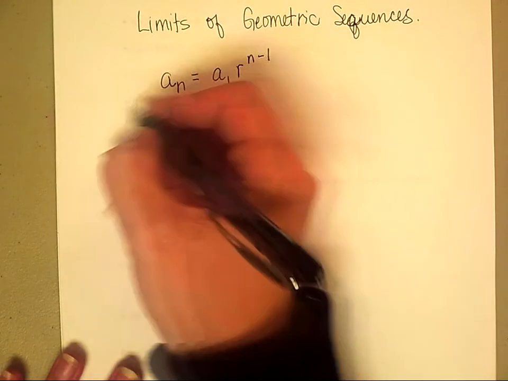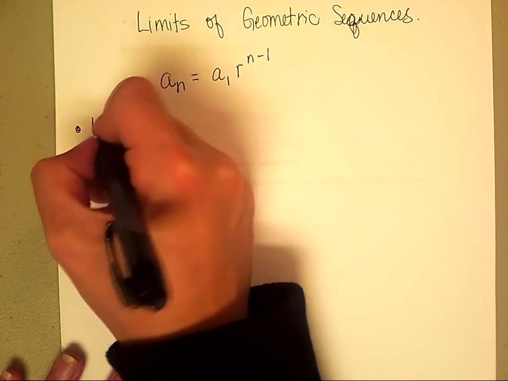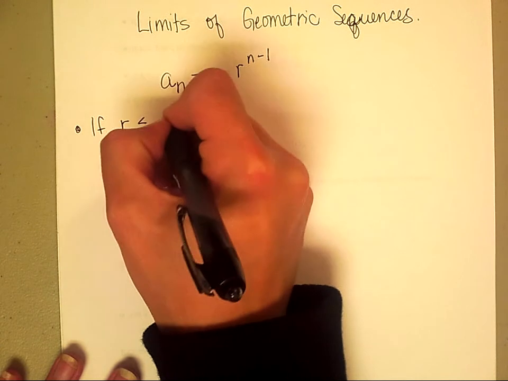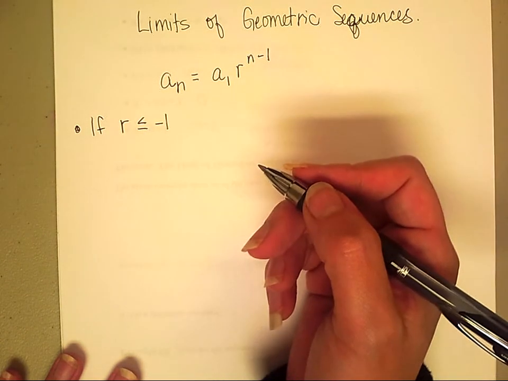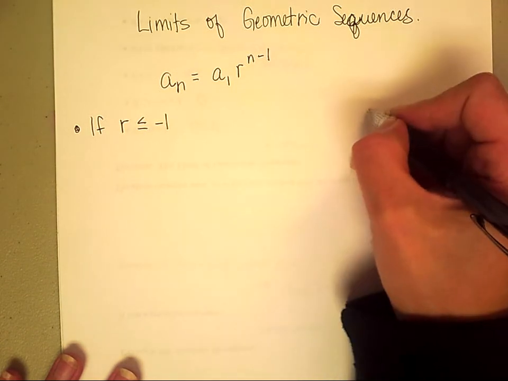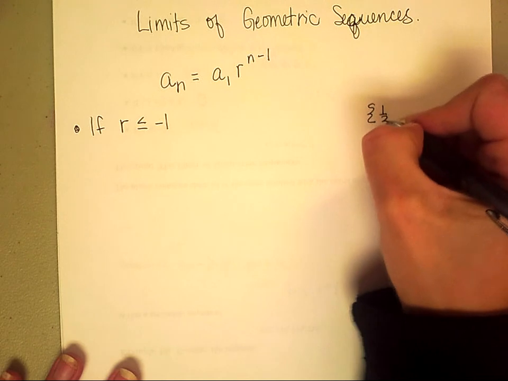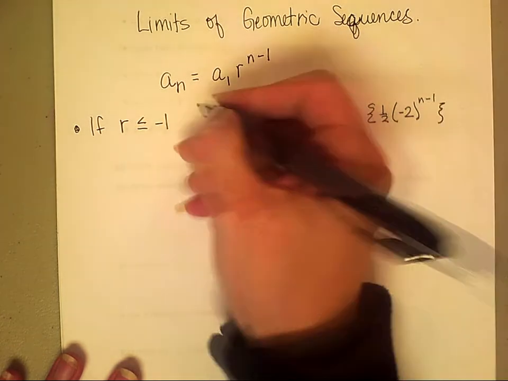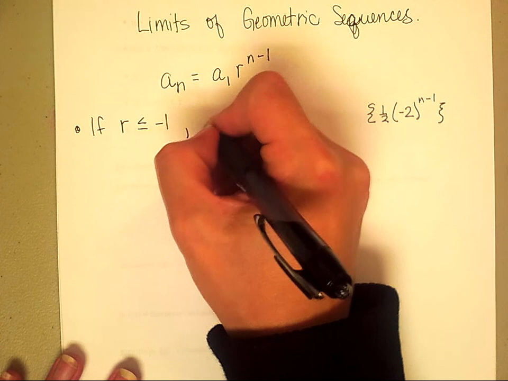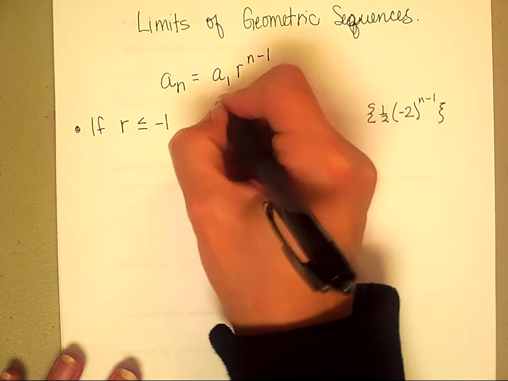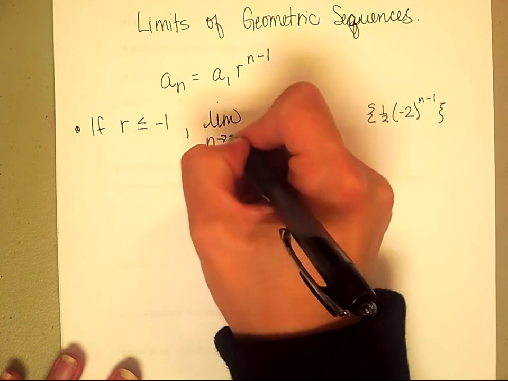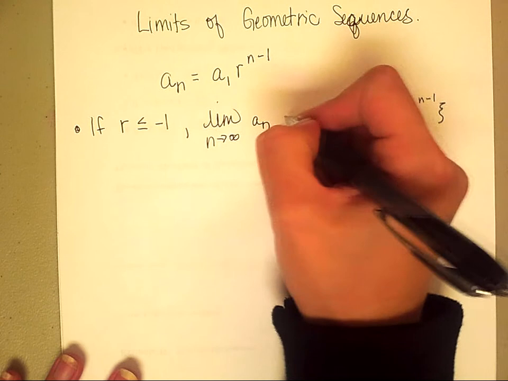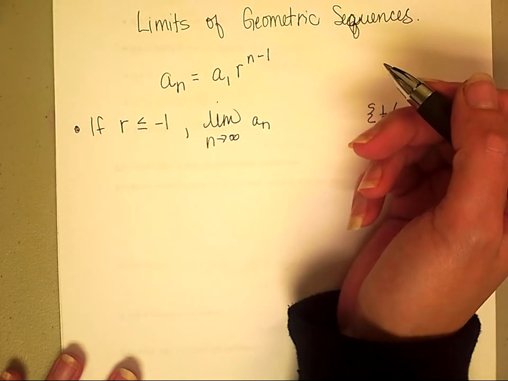So we have case 1: if r is less than or equal to negative 1, an example of that was 1/2 times negative 2 to the n minus 1, then the limit as n goes to infinity of a sub n does not exist.